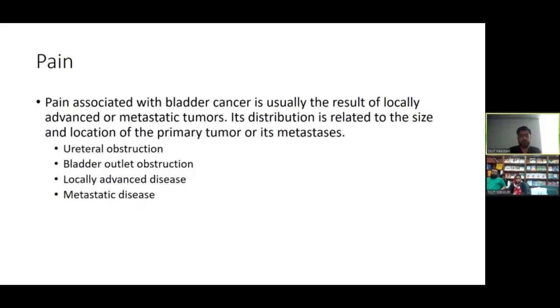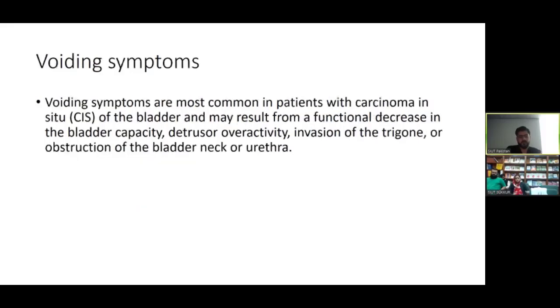So it's either the ureteral obstruction at the orifices, or the bladder outlet obstruction, or if the disease has advanced, it is causing pain, and we may have pain due to its metastasis in other organs as well.